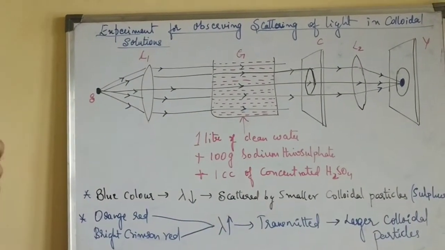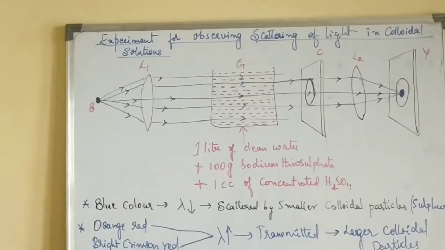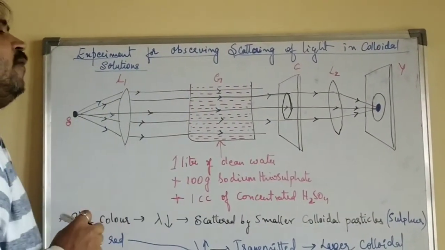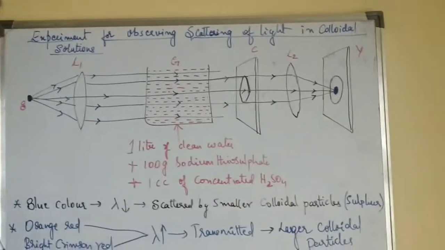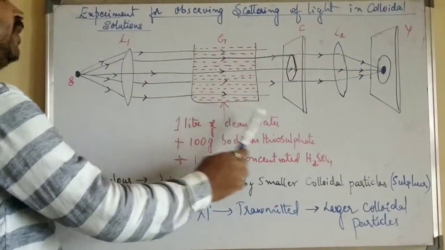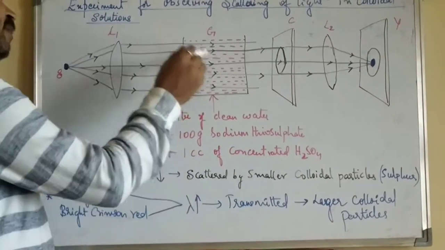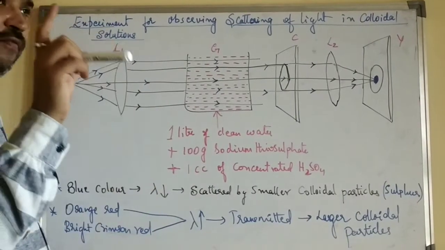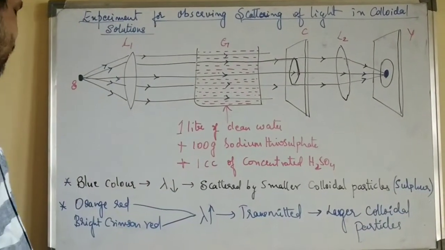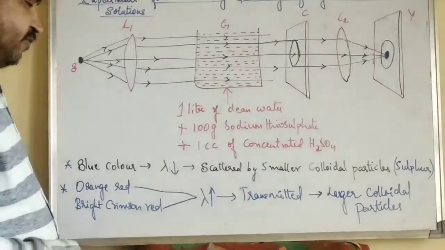The first color to be scattered, because you will observe scattering here, the scattering process starts here exactly. The tiny sulfur particles, which are very minute, are capable of scattering the color of lesser wavelength. Now in VIBGYOR, as I have told you, the blue color is scattered first.